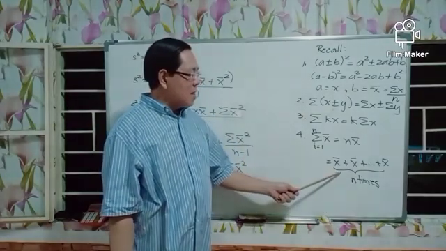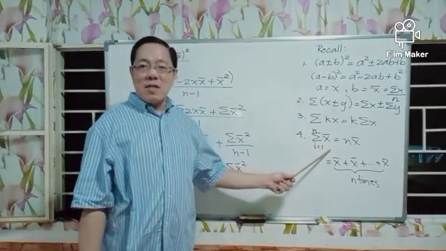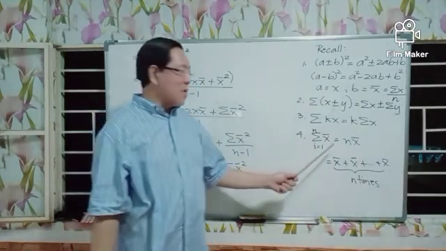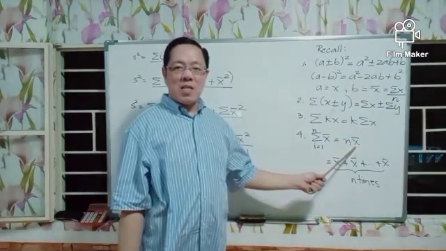And instead of writing this long addition, we simply write that the summation of the constant x bar for i from 1 to n is equal to n multiplied by the constant x bar.